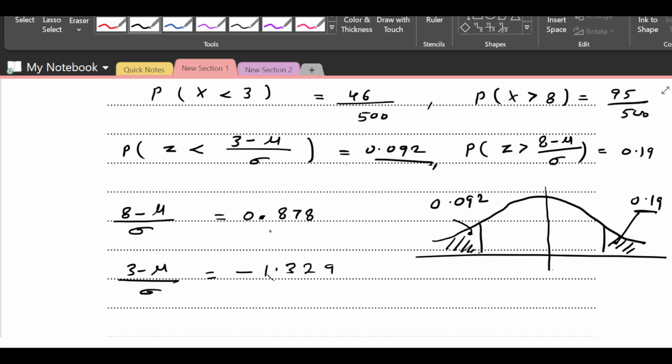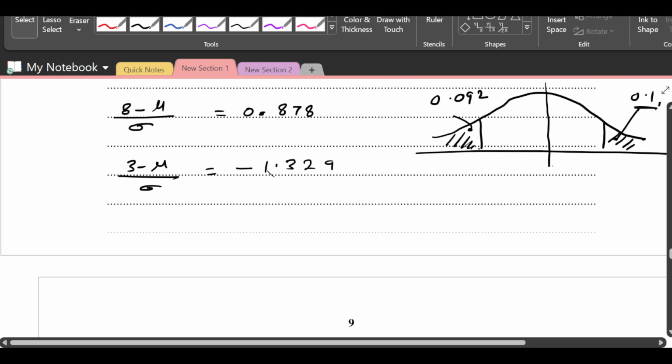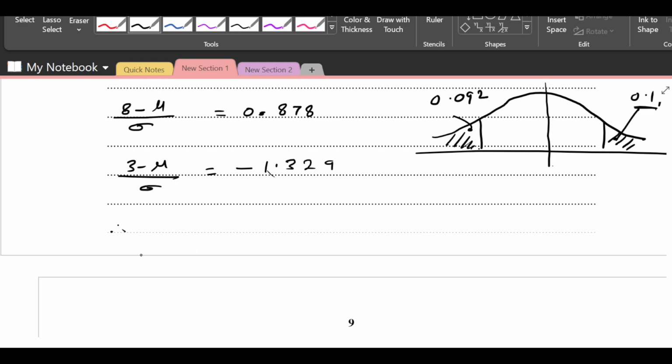Now these are two linear equations that we can solve. So I have two equations. One equation is 0.878 times sigma plus mu equals 8, and the other equation is minus 1.329 sigma plus mu equals 3.